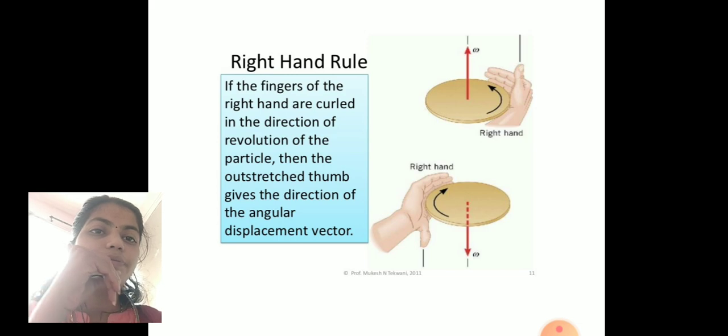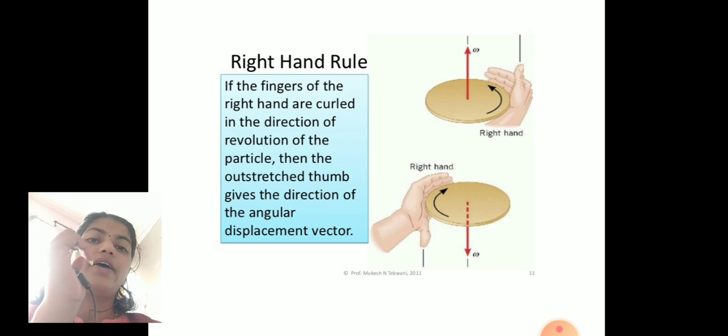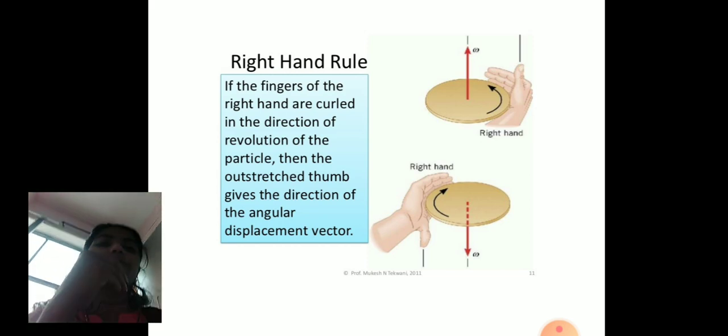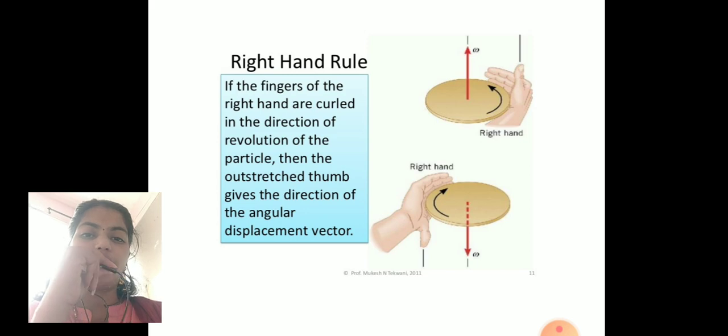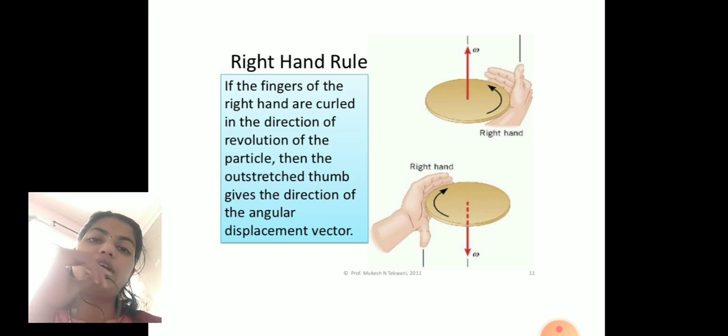In this rule, if the fingers of the right hand are curled, it means we turn the fingers in one direction. If the fingers of the right hand are curled in the direction of revolution, that is, we curl the fingers in the direction of revolution.